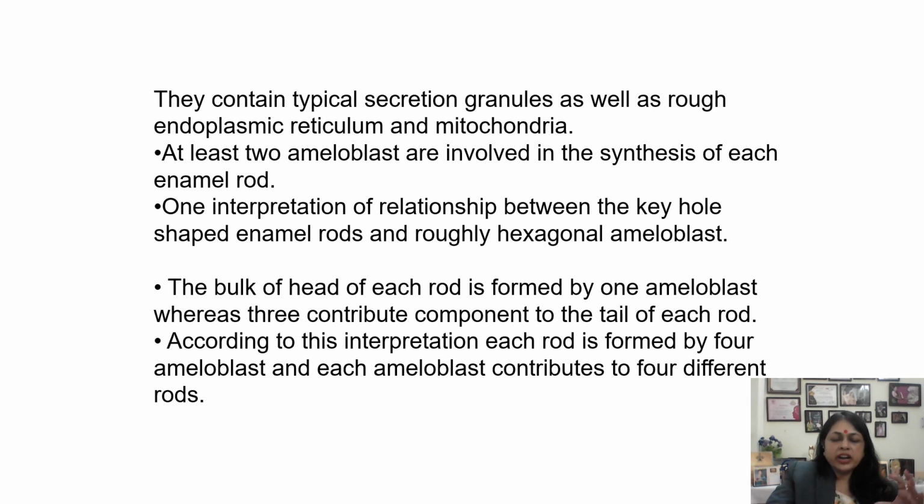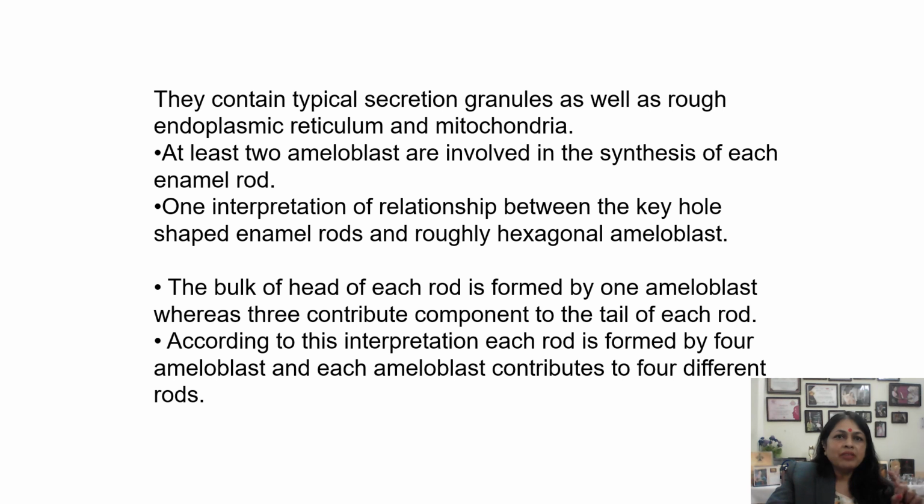Now there is one explanation regarding the enamel rod and the roughly hexagonal ameloblast. It is said that at least two ameloblasts are involved in the synthesis of each enamel rod. And one interpretation of this keyhole shaped enamel rod: as we have learned earlier in this chapter, the enamel rod is keyhole shaped.